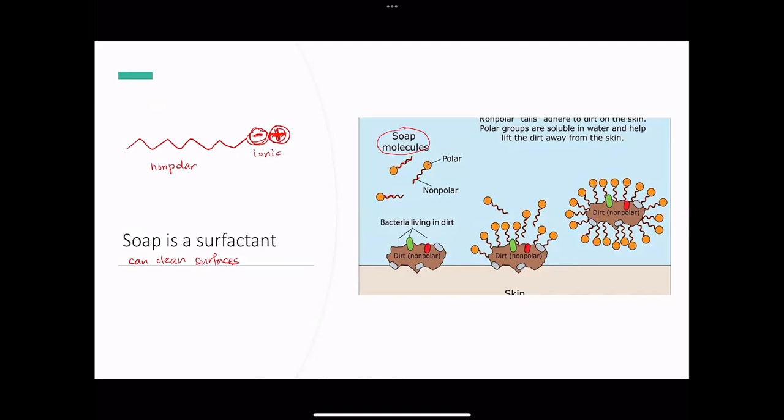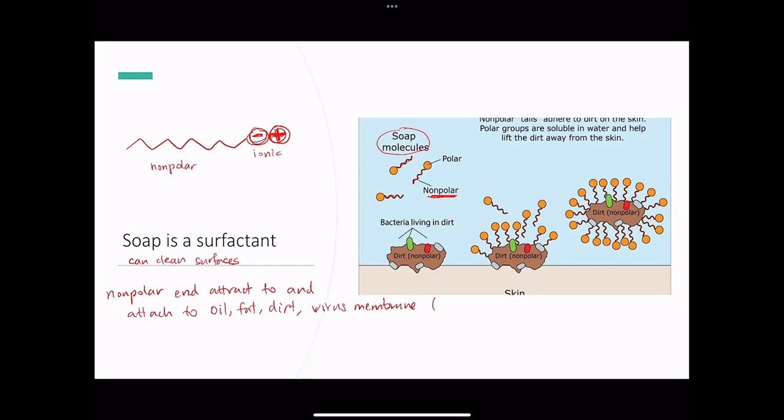Okay, and so what happens to the soap is that the nonpolar end, that zigzag line part, will attract to oils. So it will attract to and also attach to other nonpolar compounds like oil, fat, dirt, coronavirus membrane.